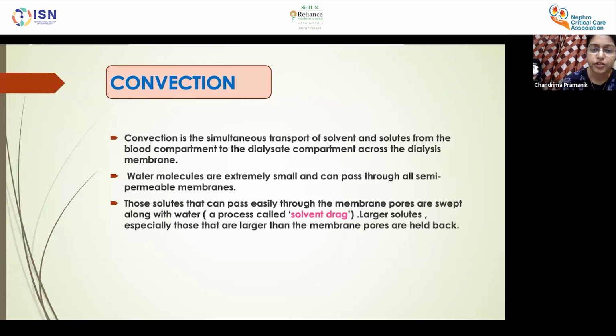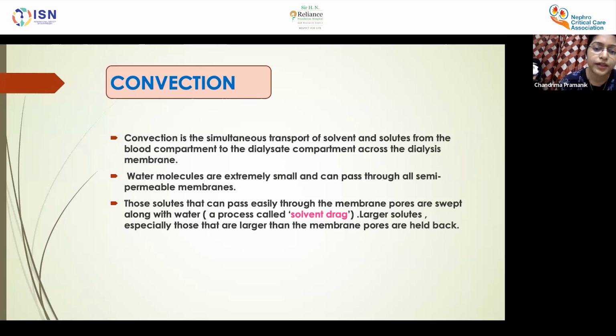Next is convection. Now, what is convection? Convection is the simultaneous transport of solvent and solute from the blood compartment to the dialysate compartment across the dialysis membrane. Here the semi-permeable membrane acts as a sieve. Through this membrane, the water molecules, since they are extremely small, can pass through the sieves of the membrane.